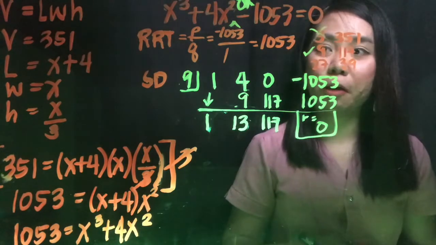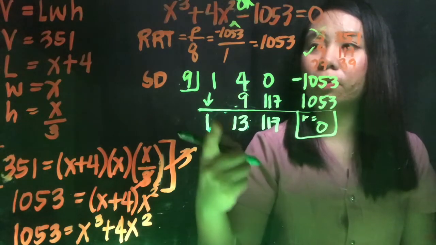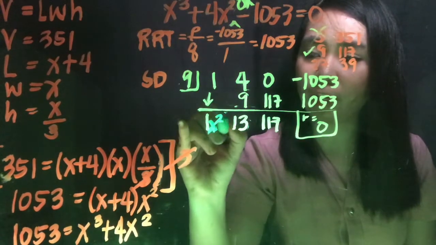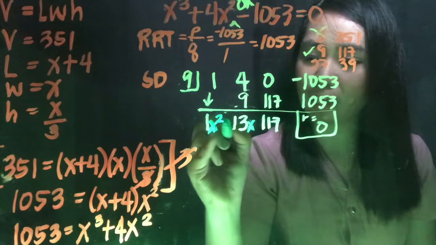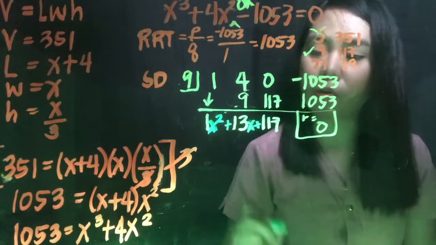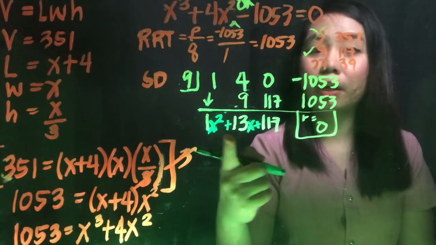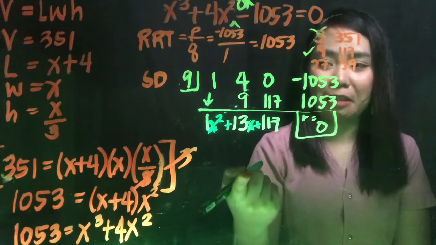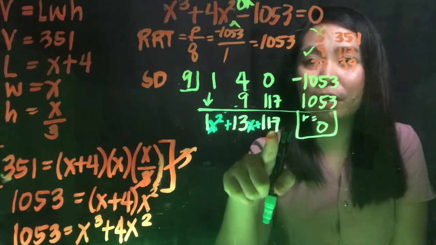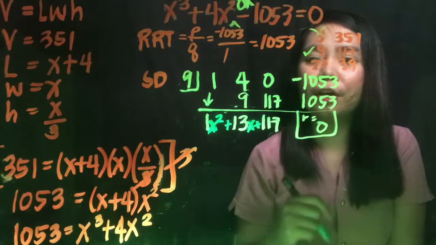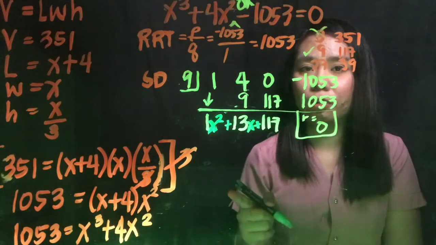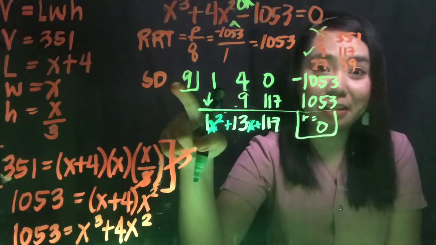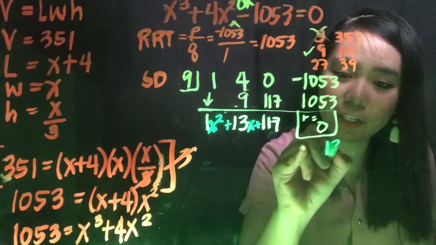In this case, we can now put back our variable. So remember, this is x cubed. We just have to subtract it by 1. So you have x squared, and then in here, you can just have x. And don't forget their signs. So that's plus. And you now have here a quadratic, so we can actually use the magic X again. But take note, this is 117. To get the factors, remember it's just 13 times 9.